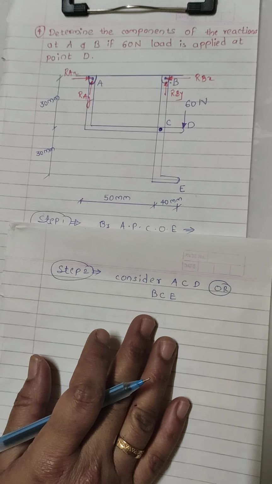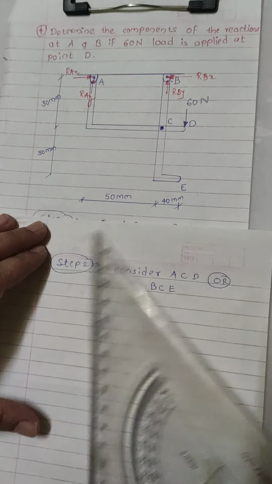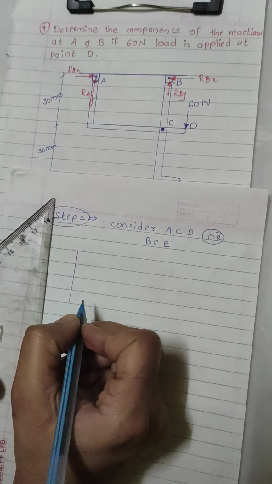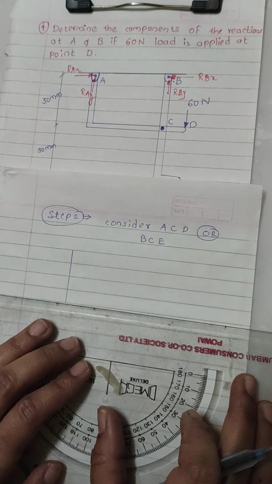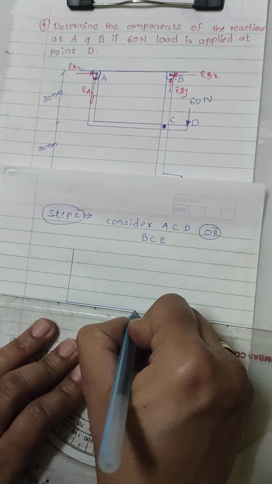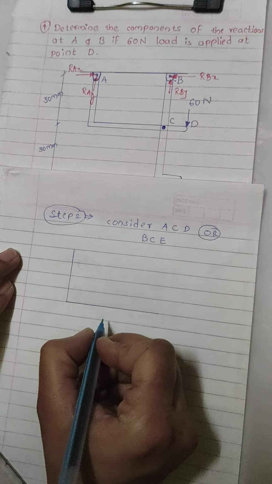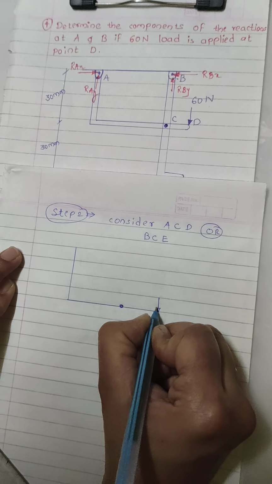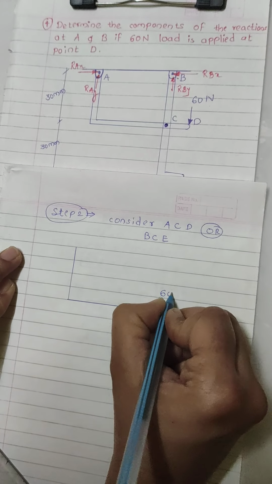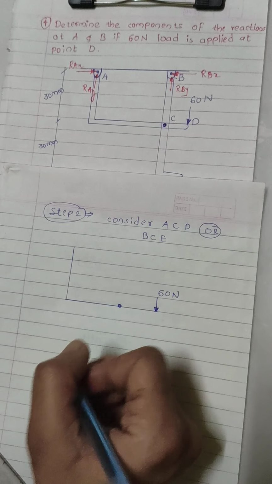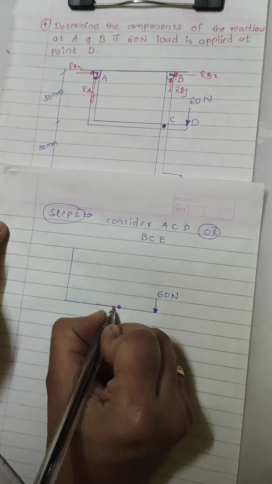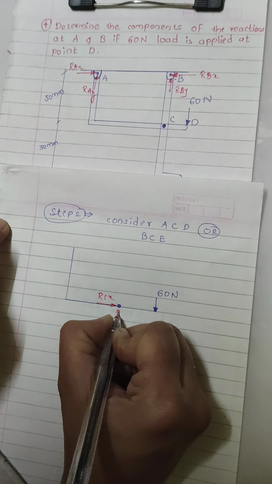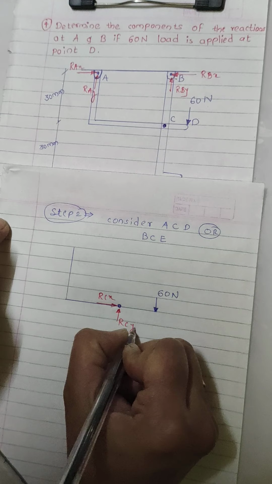So I am going to draw the FBD of this particular member. Here there is an internal hinge C, so this will come into the action. I can assume it as RCX. This will be RCY.